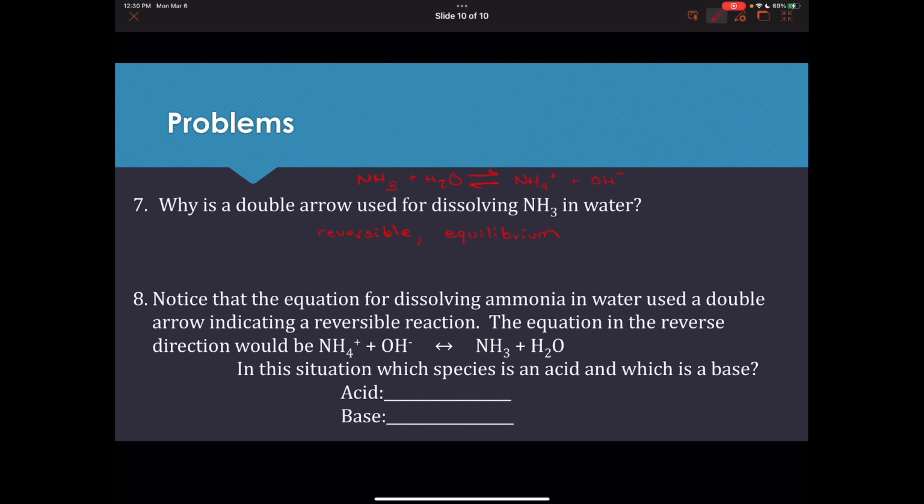In this scenario, to go from NH4 plus to NH3, my number of hydrogens goes down, which means that NH4 plus donates. So that NH4 plus is behaving as an acid. It gives a hydrogen away to reform the original NH3. At the same time, my OH goes from an OH minus to an H2O.